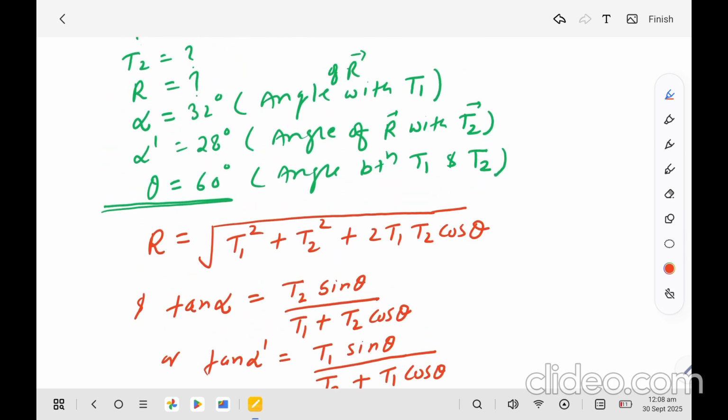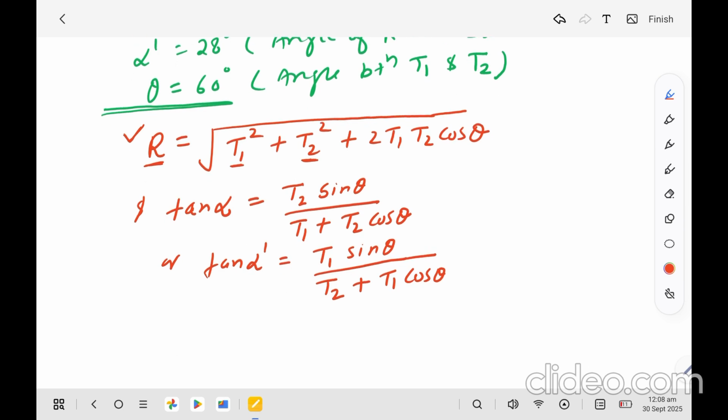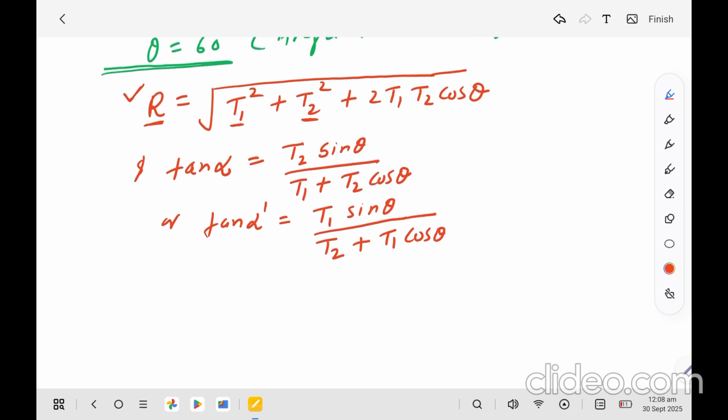Because we have alpha and alpha prime and we need to find T2 and R. For R, T1 is given, but unless we estimate the value of T2, we can't estimate the value of R. And we have other relations with theta, T1 and T2.